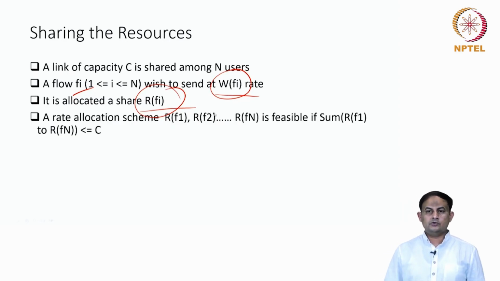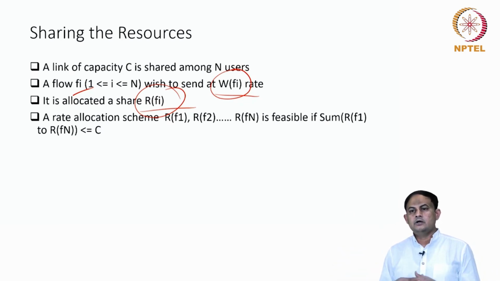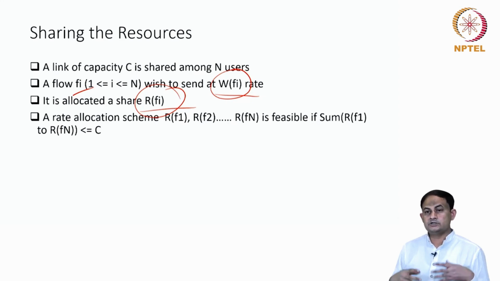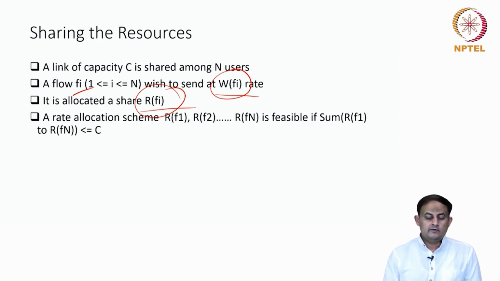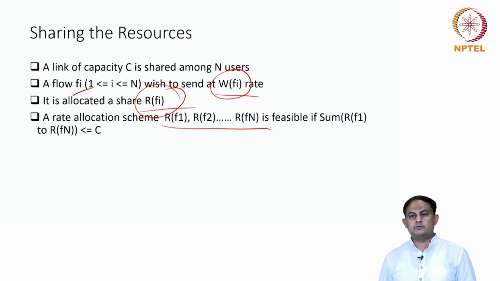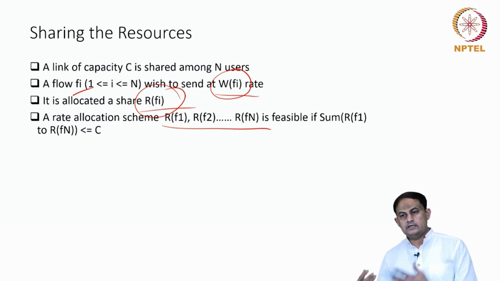And what we want is for the scheduler inside the router to come up with some allocation scheme which is feasible. The allocation scheme is feasible when the rate of allocation for all the users put together is less than or equal to the available capacity.